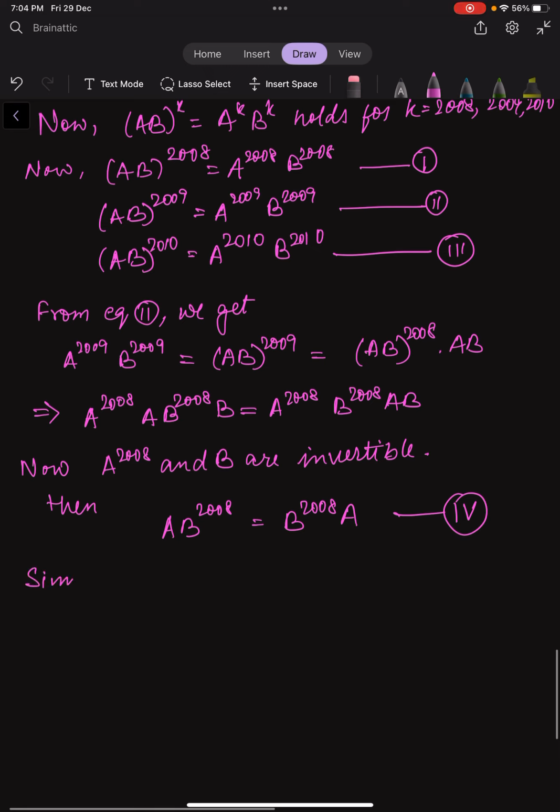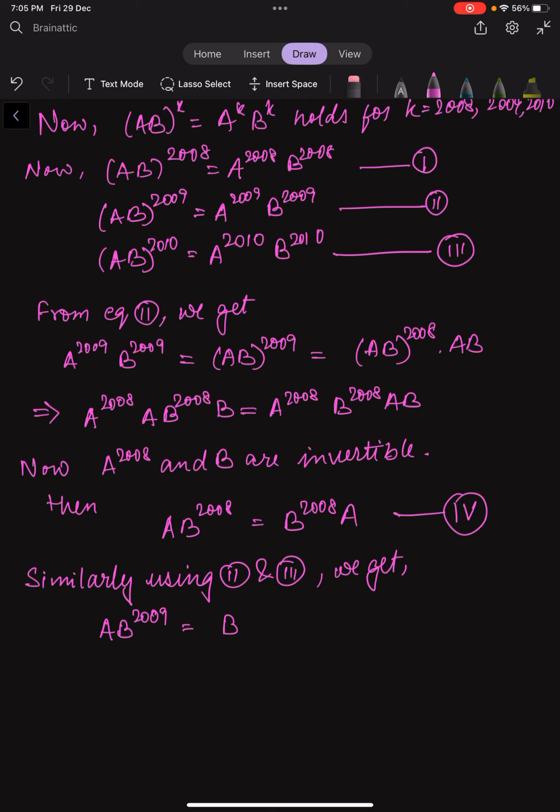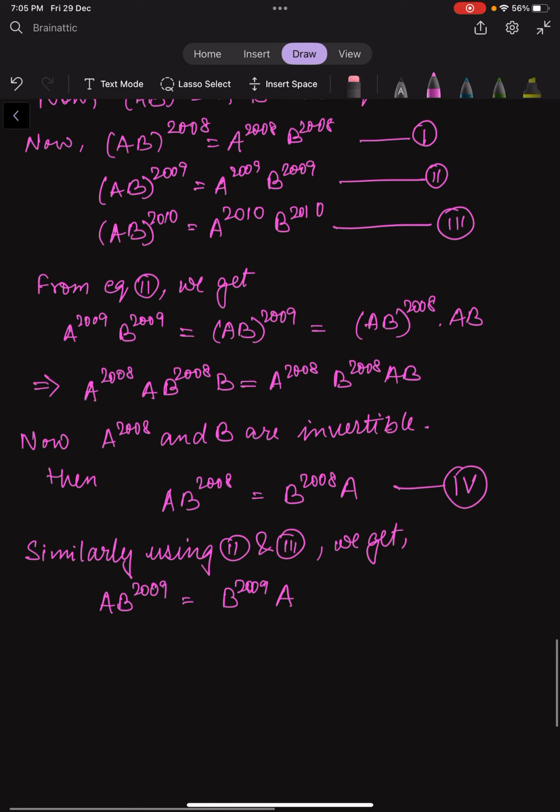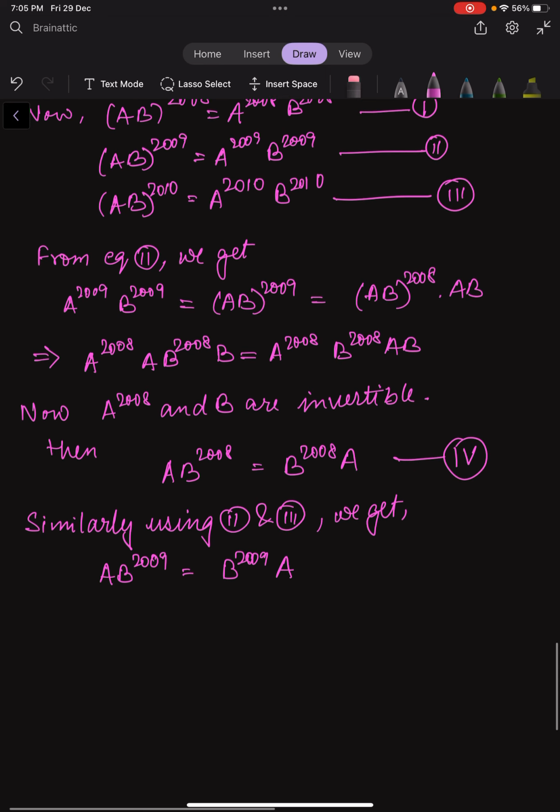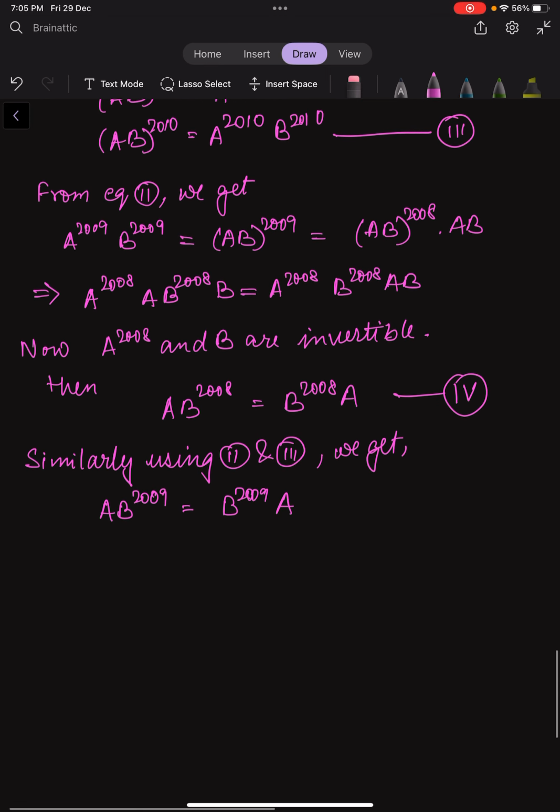Similarly, using 2 and 3, we get A B^2009 is equal to B^2009 A. Now let this be equation 5.